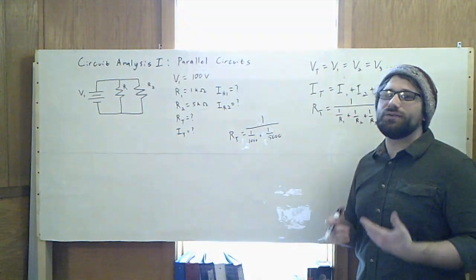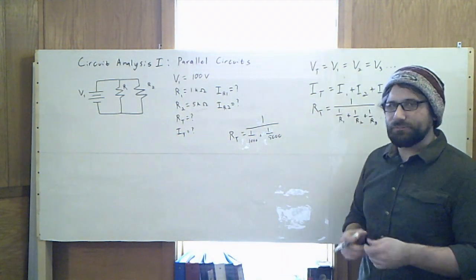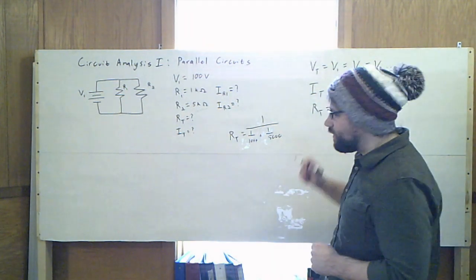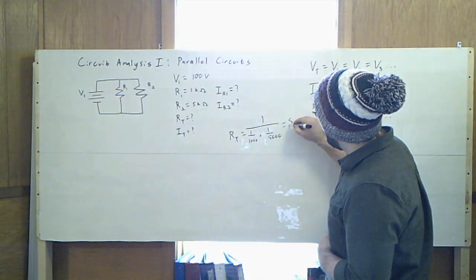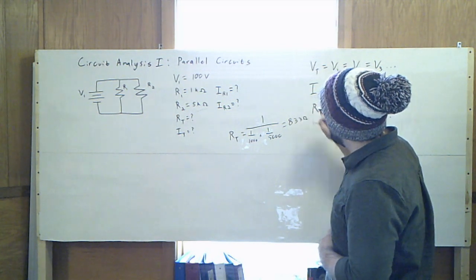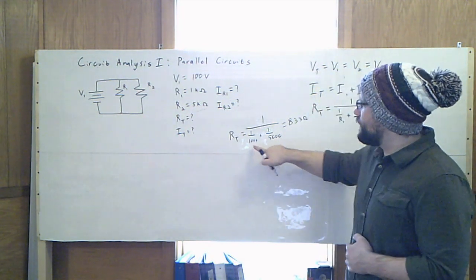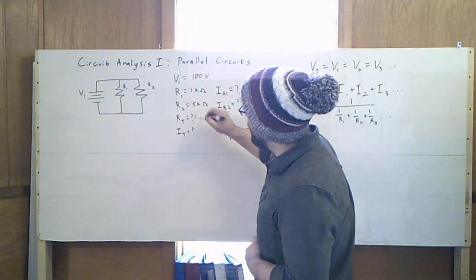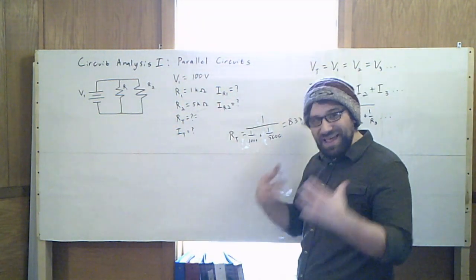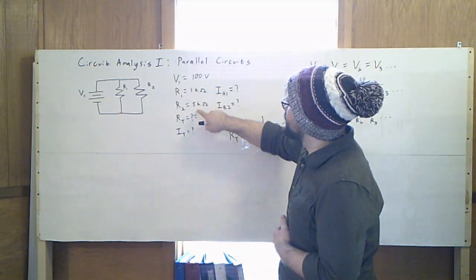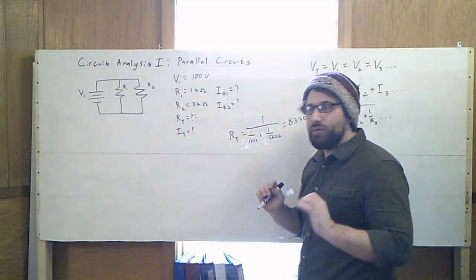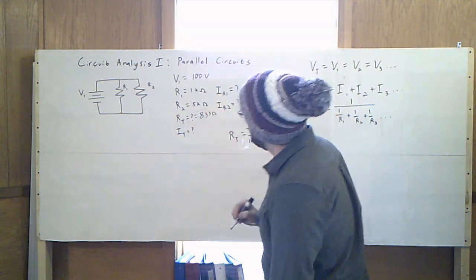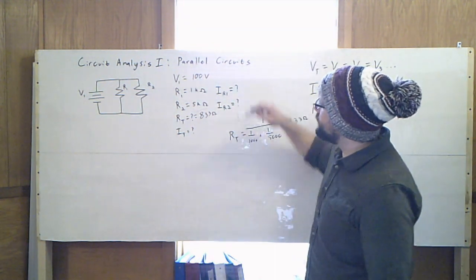So it's like there's actually less resistance. So doing this math on our calculators, we get 833 ohms. So we can see 833 is less than either one of these. So our total resistance in a parallel circuit is always going to be less than the resistance of any of our components.